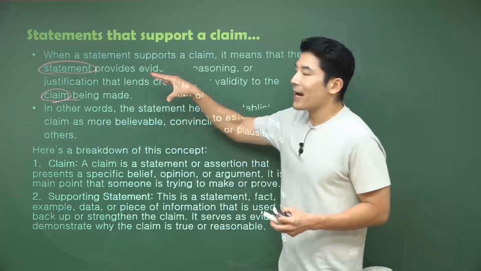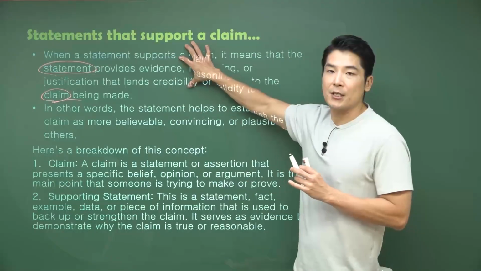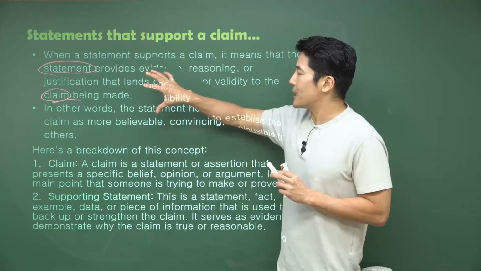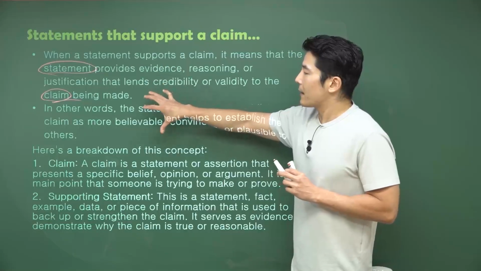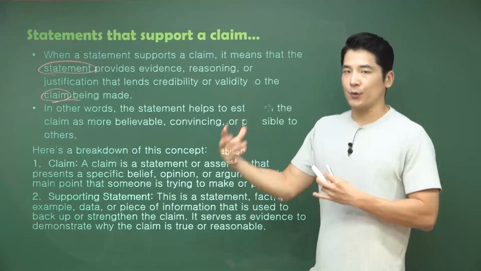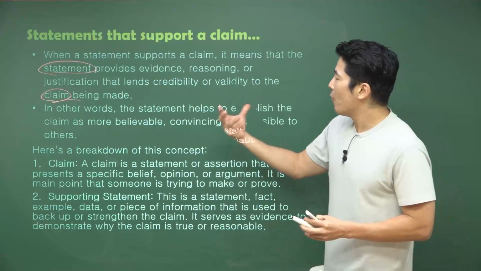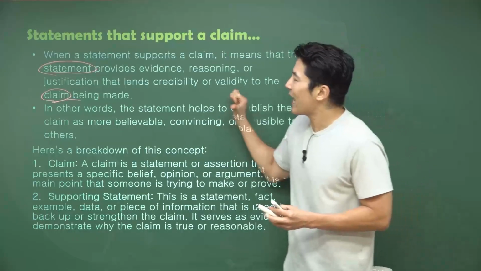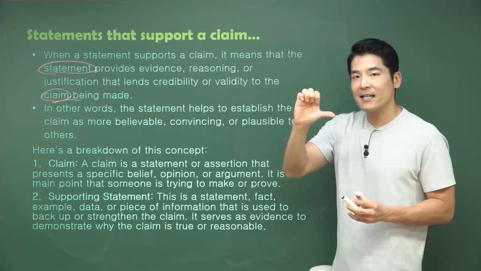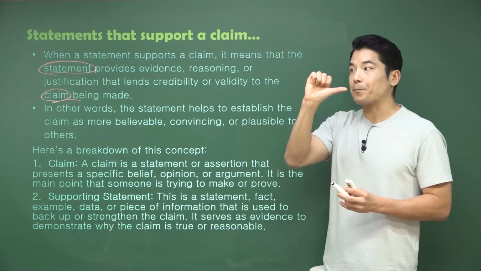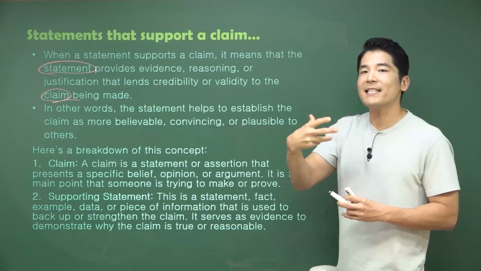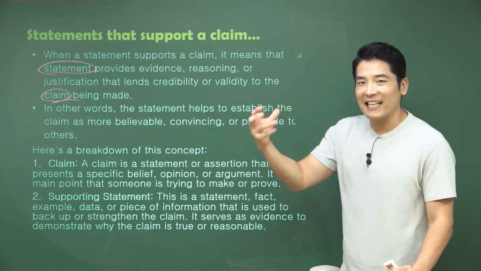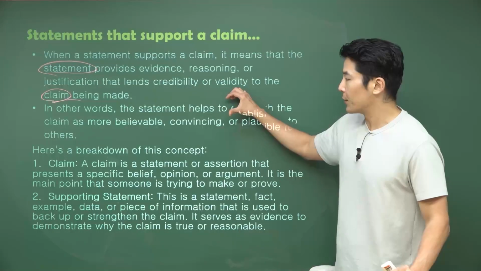In other words, what the correct answer will do for these questions that support a claim is this: if this answer choice is true, it will make the claim more likely to be true, because it gives more credibility or validity. It makes the claim more valid.